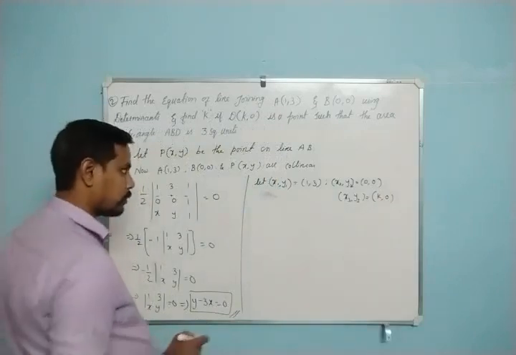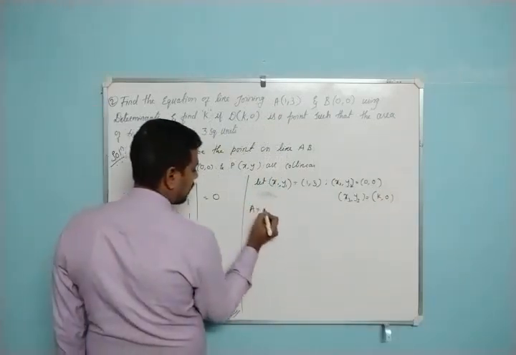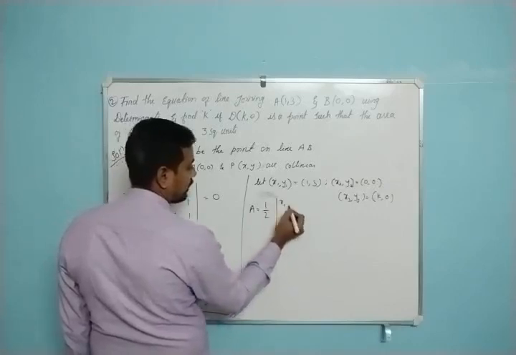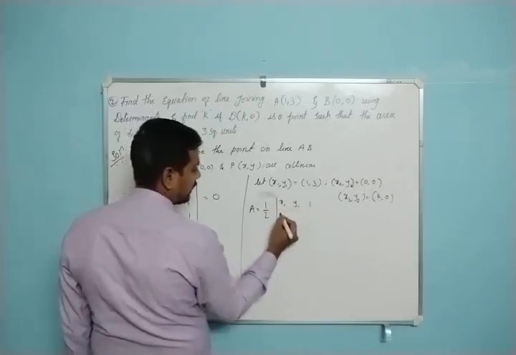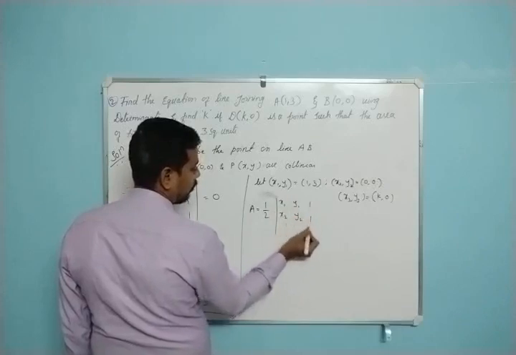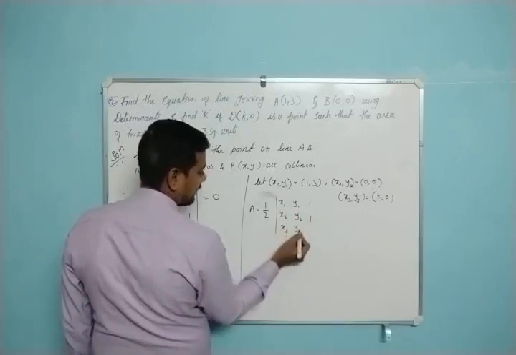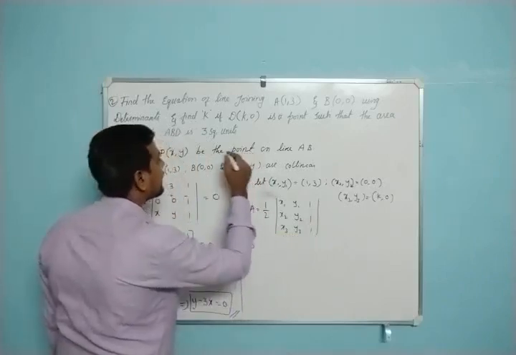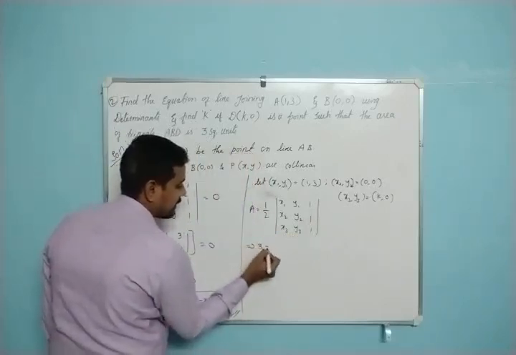Now the area is given by what? Half times the determinant x1 y1 1, x2 y2 1, x3 y3 1. So what is our area? The area is given as 3 square units.